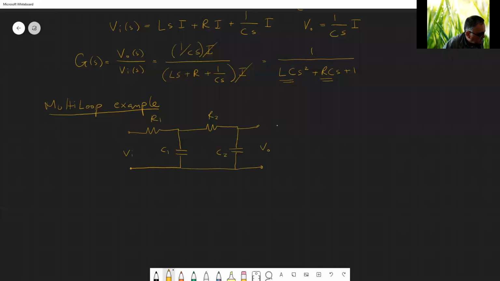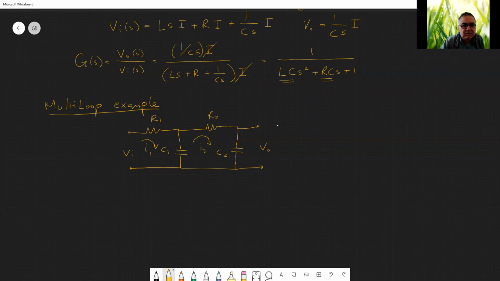The output is the voltage across the second capacitor. Let's say the current is I1 in the first loop, I2 in the second loop.